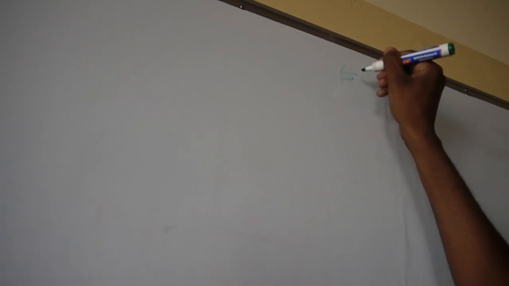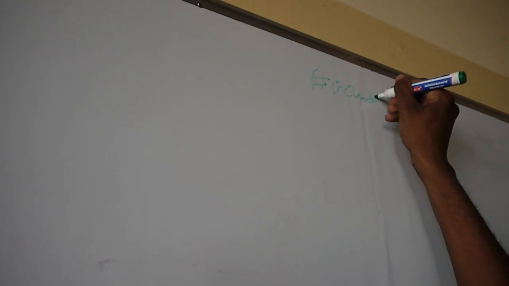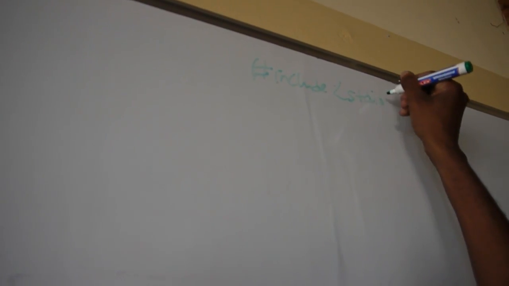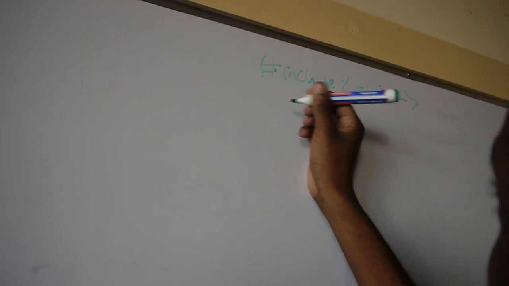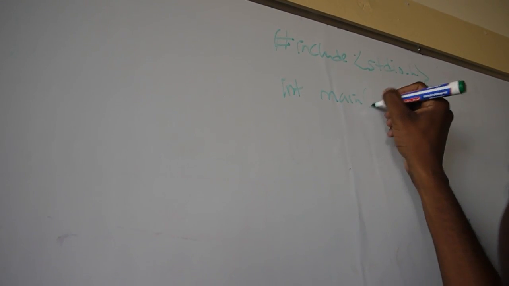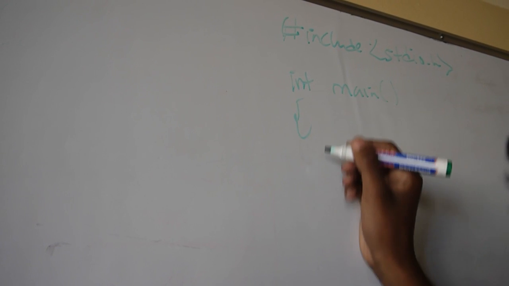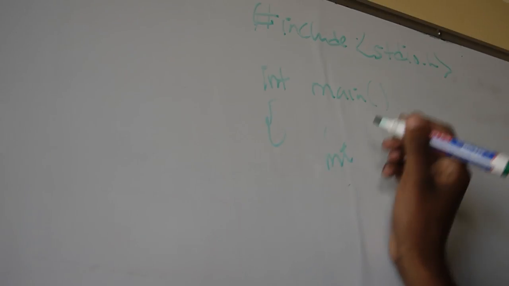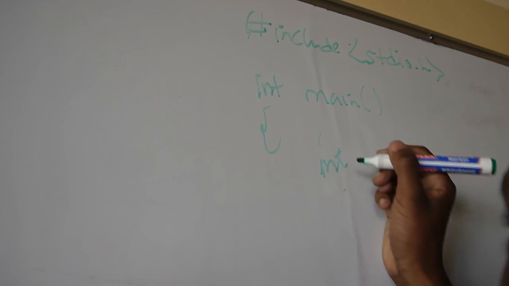Hash include stdio.h, that's my header file. Then int main, that's the name of the function. Then here I'll leave space for my variable.